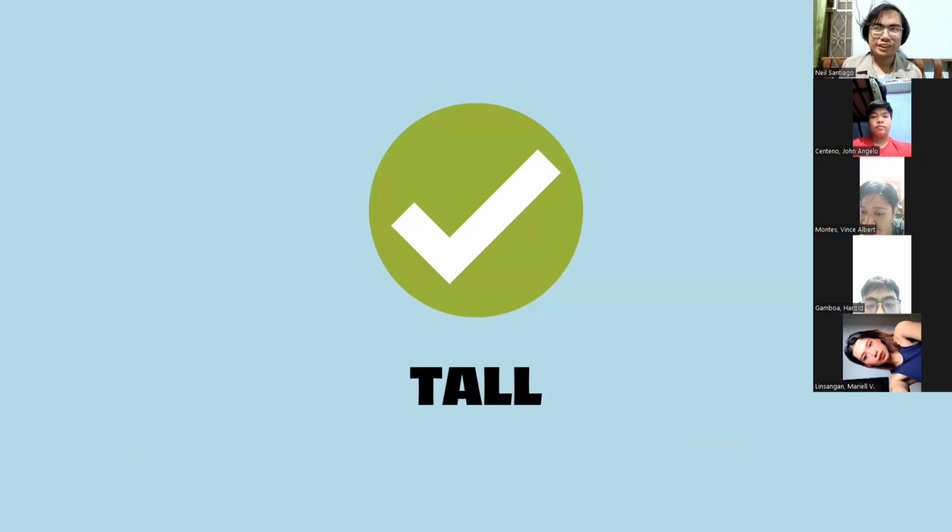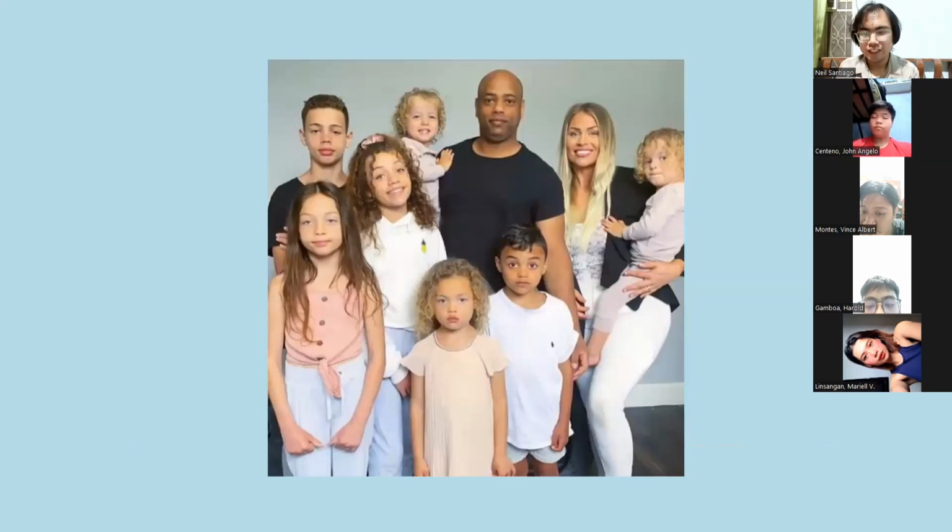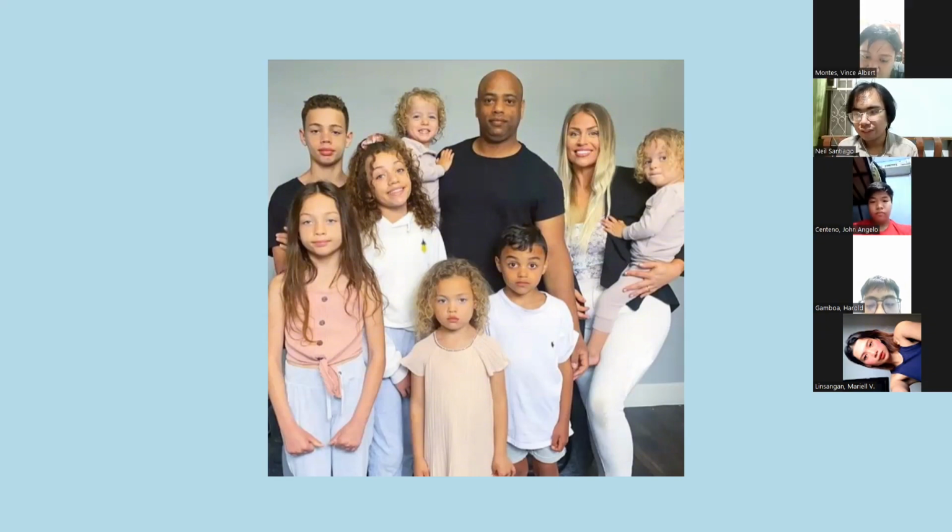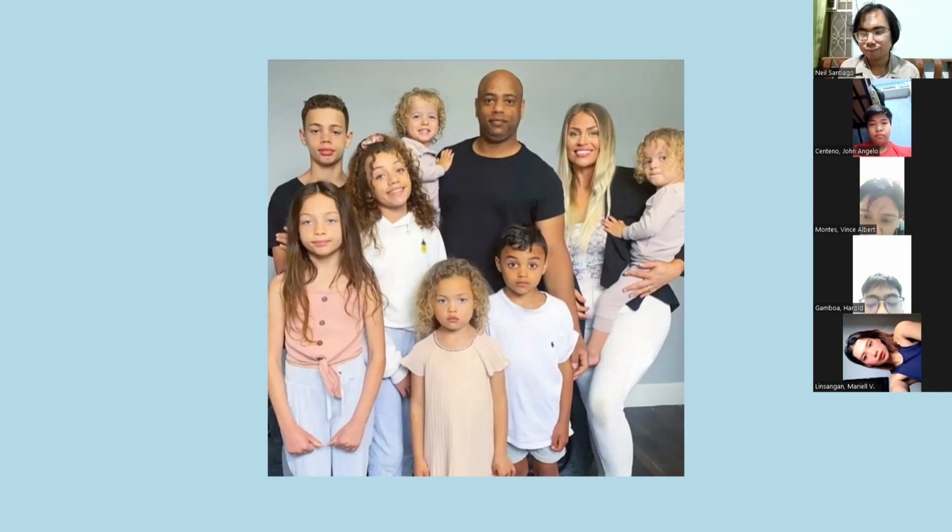However, in this next picture, I want you to observe something that is different. In this picture, what do you think is different from this family than the others that I have shown you? Raise your hand if you want to answer. Okay, Mr. Montes. Based on my observations, their traits are not correlated to each other.